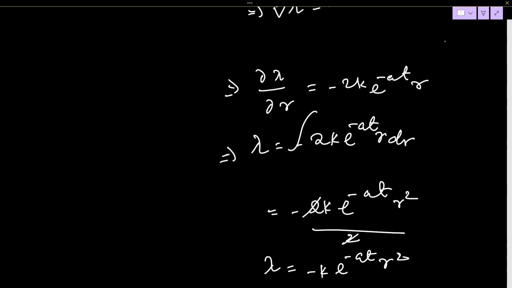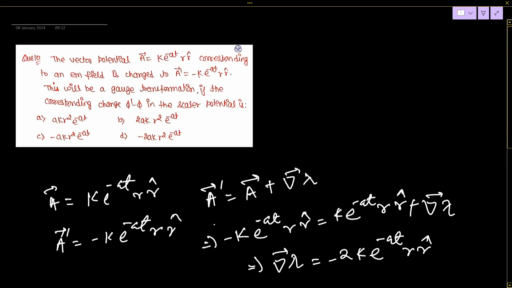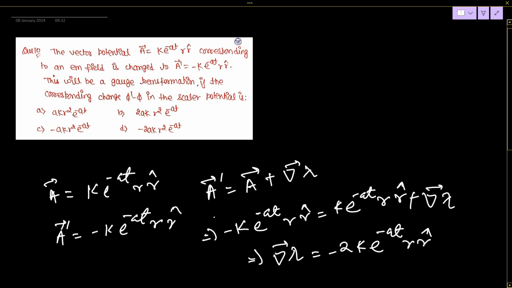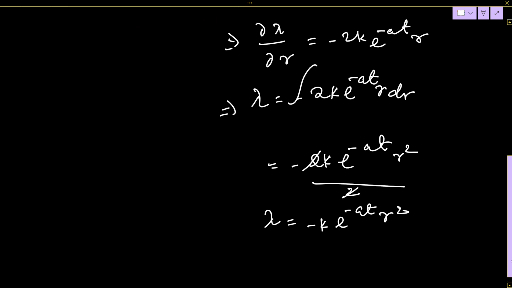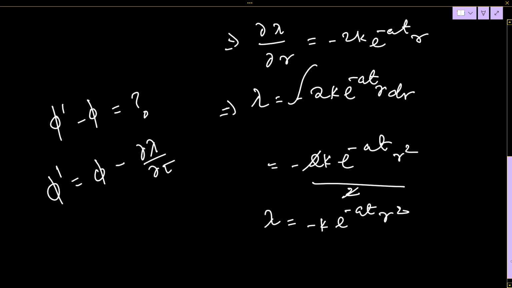What we need for the question? Read the question. There will be a gauge transformation. Okay, read the question. The corresponding change phi dash minus phi in the scalar potential is. So phi dash minus phi you are asked. We know phi dash is equal to phi minus del lambda by del t. We have lambda here.